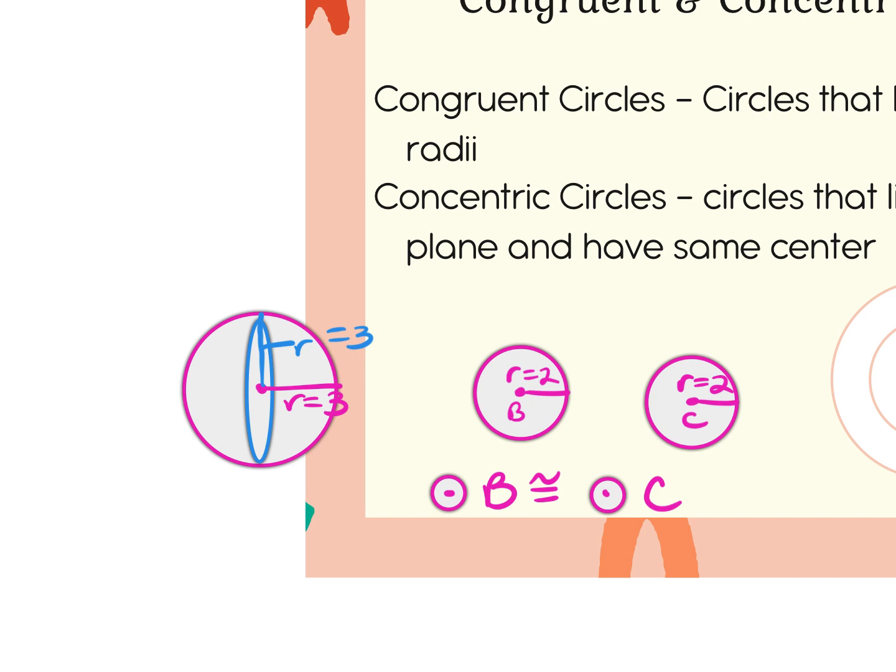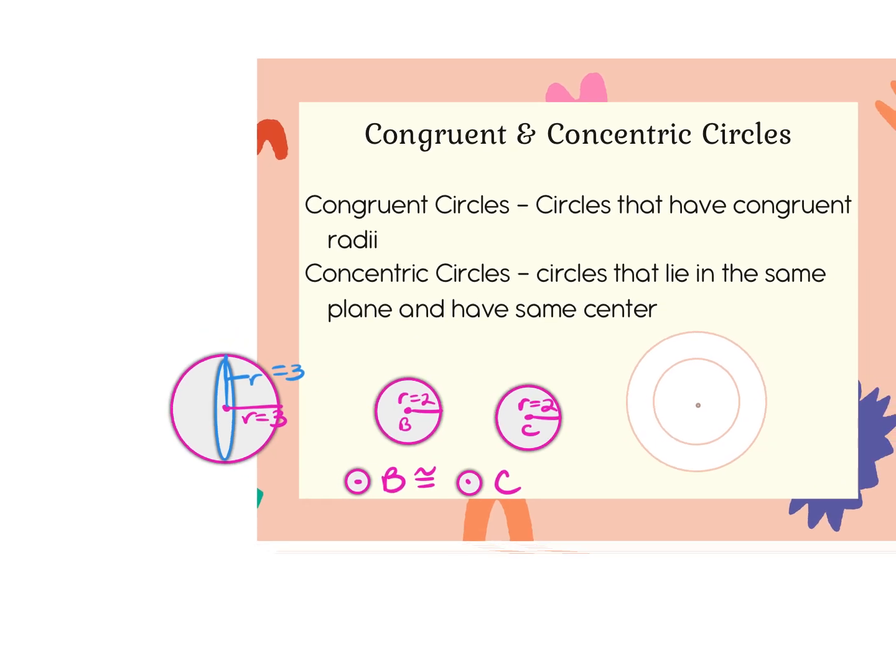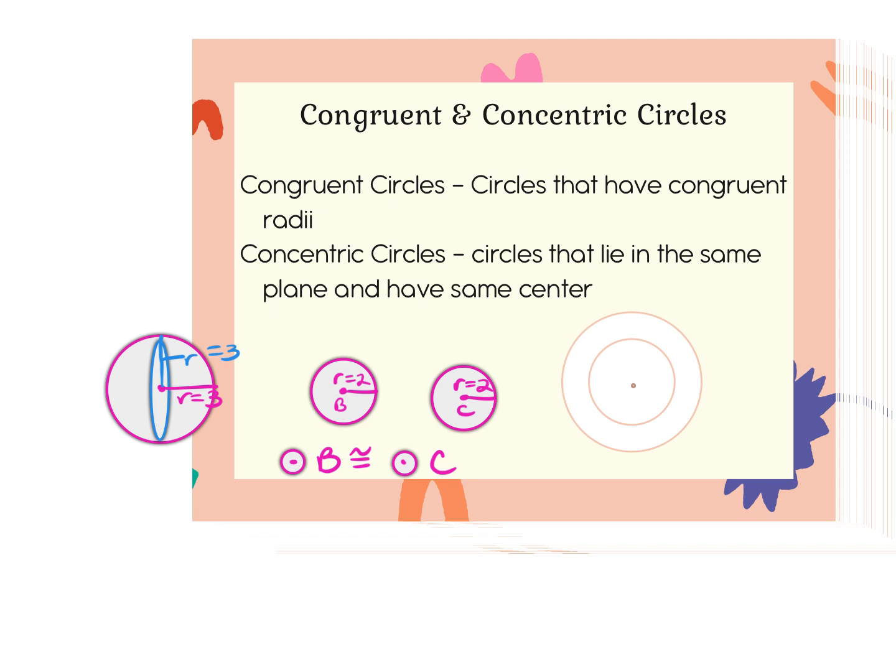Now, the other vocabulary term that's on this slide is concentric circles. And concentric circles, a real life example could be like a dartboard or a bullseye. So they're circles within a circle. They're all going to have the same center, but they're going to have different radius lengths.